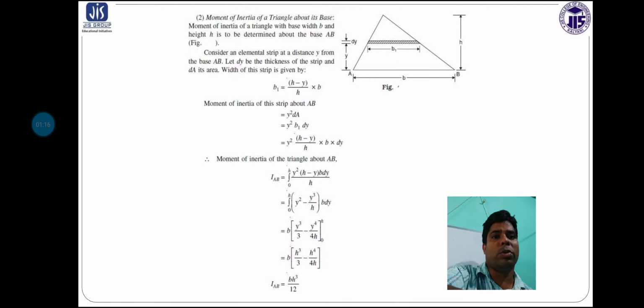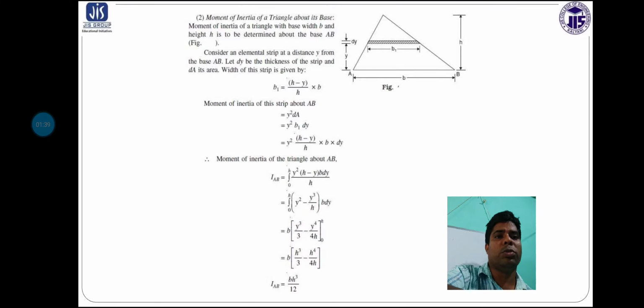So the moment of inertia of a triangle with base B and height h has to be determined about the base AB. Now consider the elemental strip at a distance y from the base AB, where dy is the thickness of the strip and dA is the area.